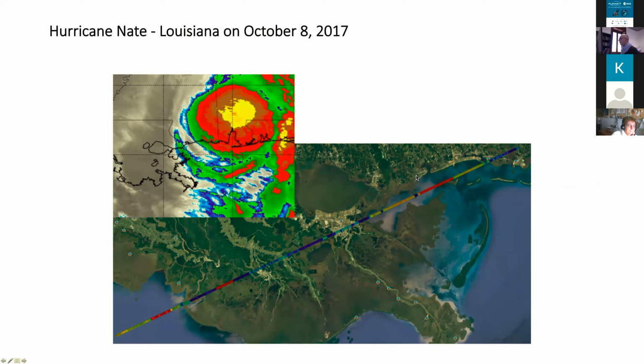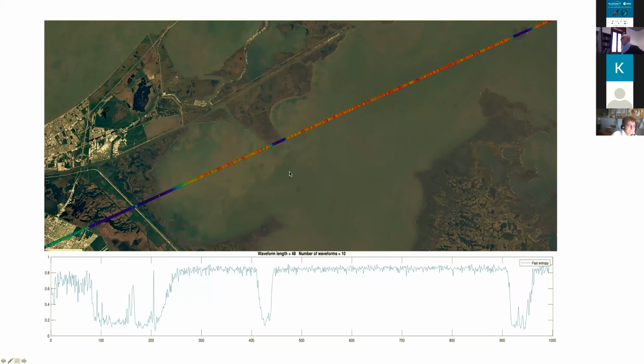We have a better image in this case, where we can see that along this part of the sea, the entropy is very variable, but in any case very high, close to 1, but became very low in this part of the coast that is perhaps inundated by the waves of the ocean, and also in this part of the island that is also perhaps inundated.